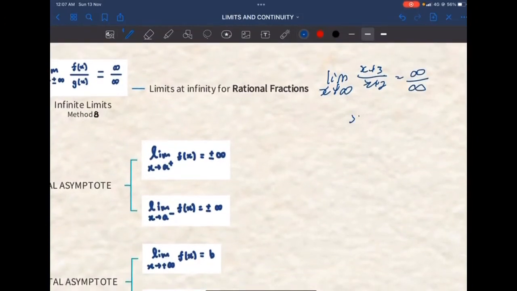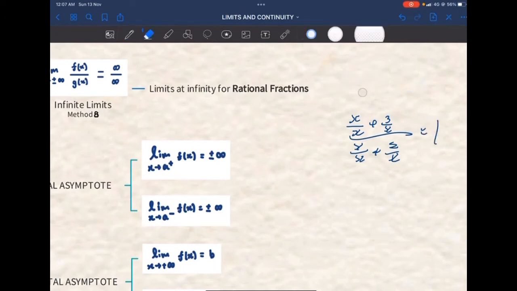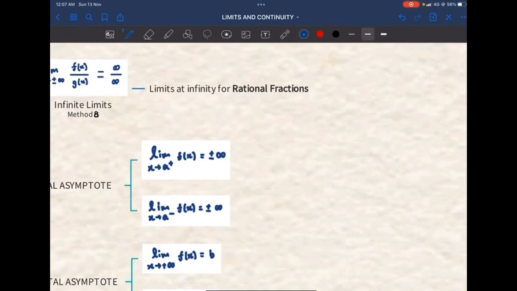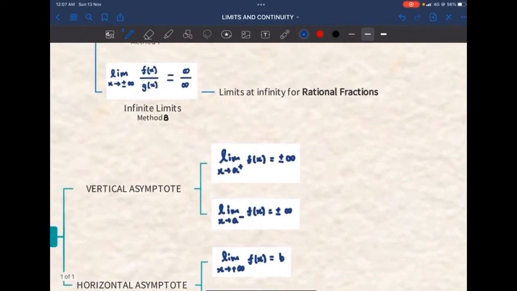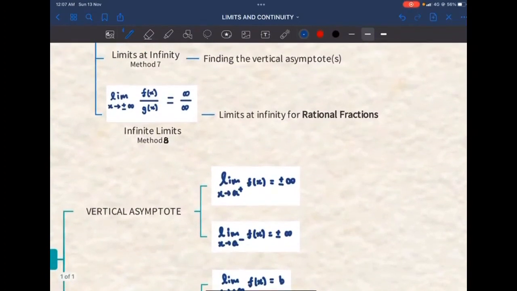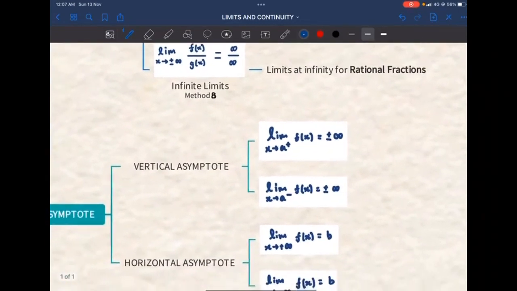We can divide both the denominator and numerator by x, and then we get the answer equal to 1. We can also use the conjugate method like Adam talked about just now in order to rationalize the infinity inside the x. This is important to help us find the limits of f(x) in order to find the asymptotes.